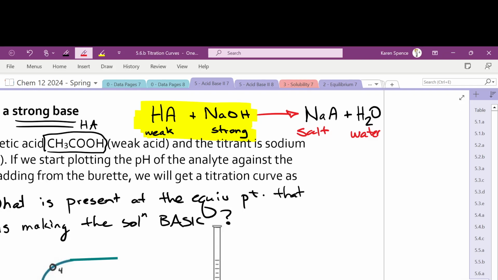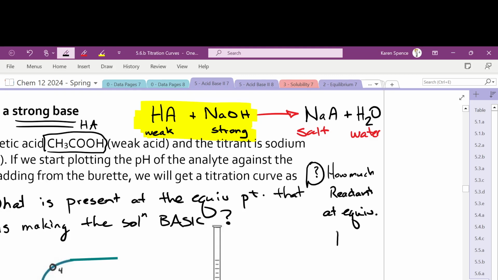How much reactant do we have at the equivalence point? Just salt and water there.